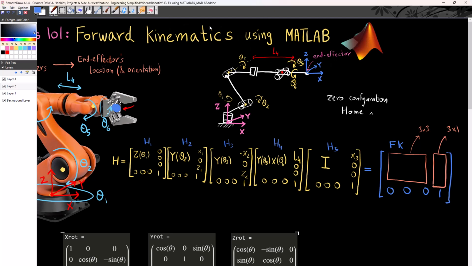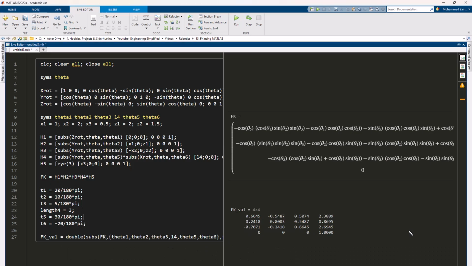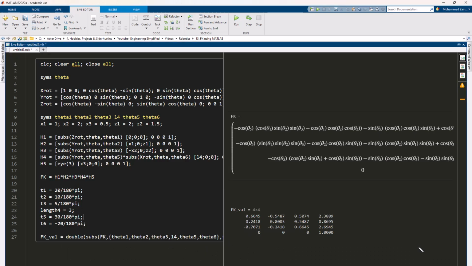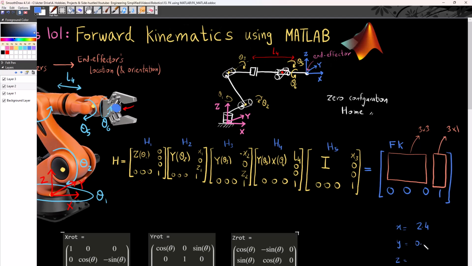The values that I was getting were 2 point something, let's say 2.4. So these are the values of x, y and z of my end effector: 2.4, 0.9 approximately, and about 2.7.